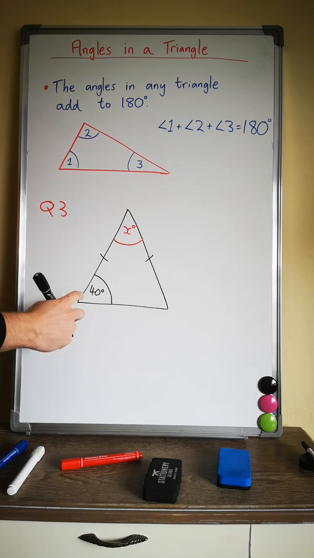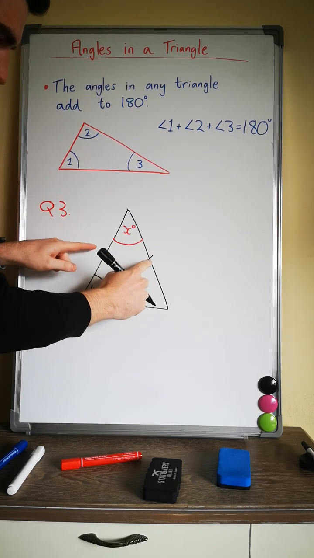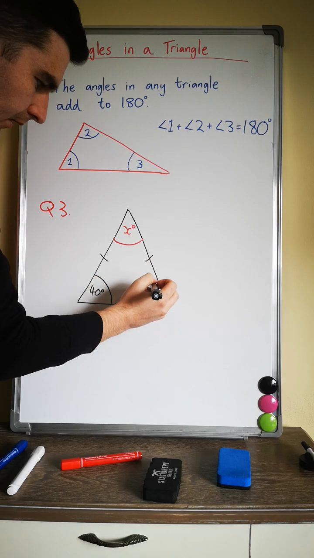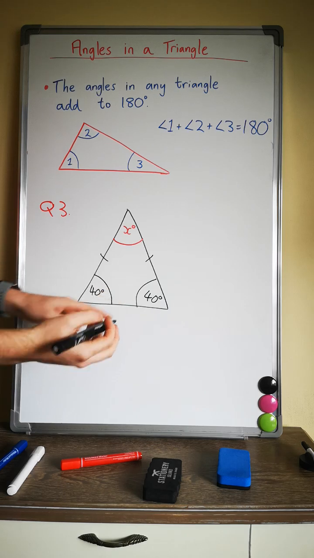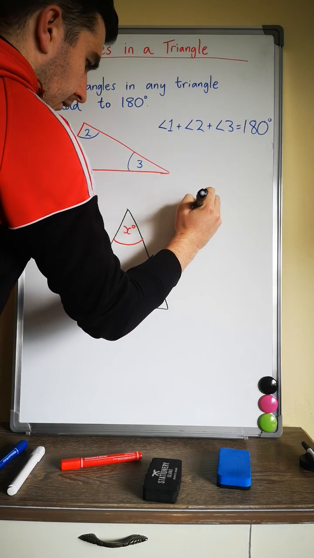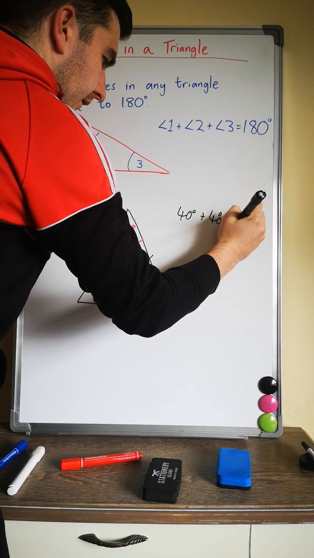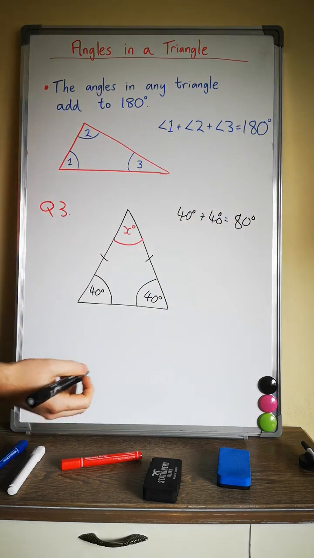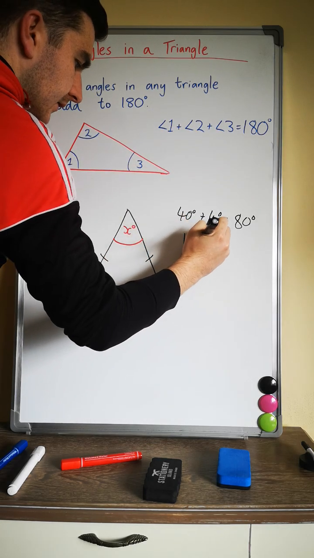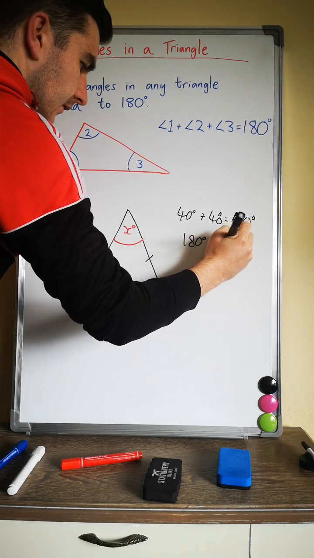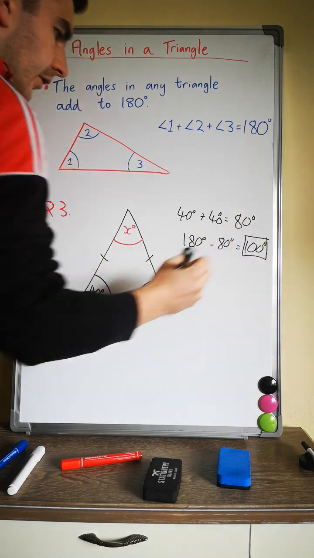Hopefully you've seen that because it's an isosceles triangle, where the lines are, you go down, this one is also 40 degrees. So 40 plus 40 is 80 degrees, and you take that away from 180 degrees. So x in this question is 100 degrees.